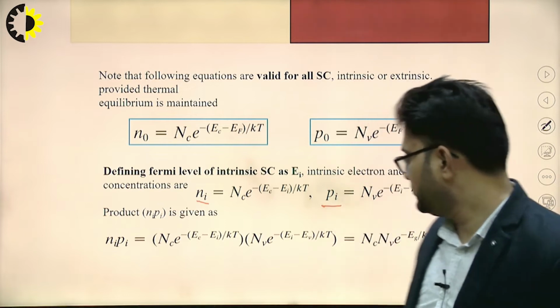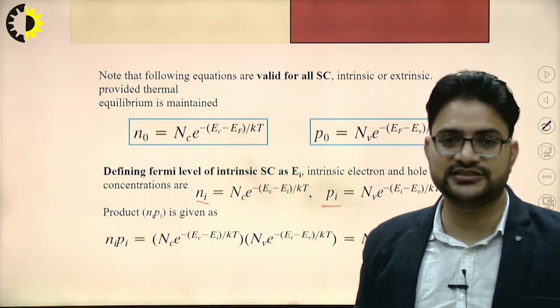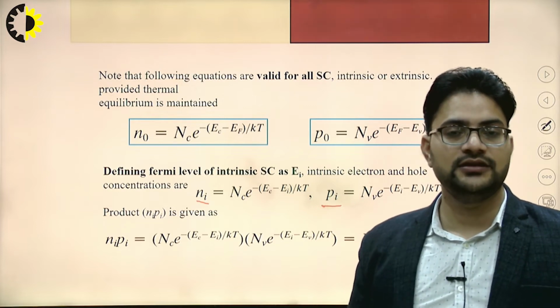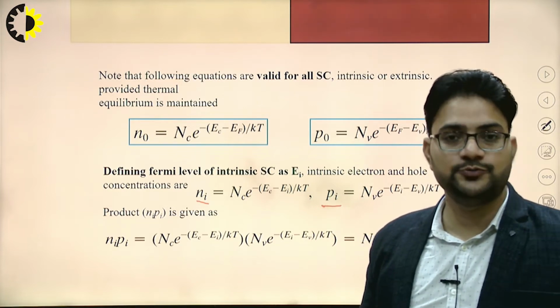So these two mathematical expressions will help us to find out the value of the product, that is Ni into Pi.